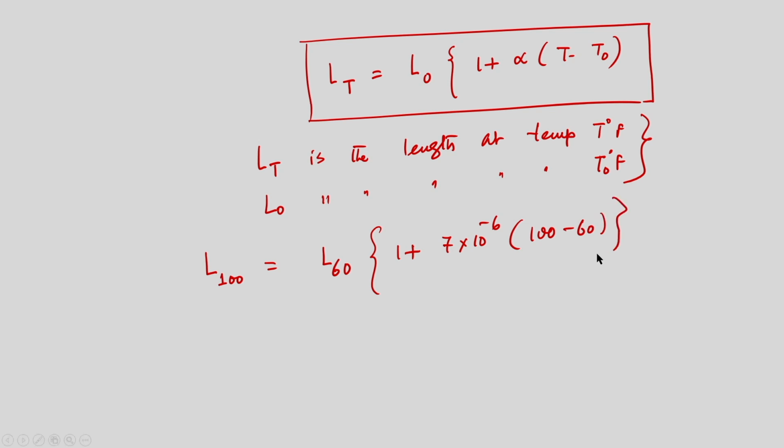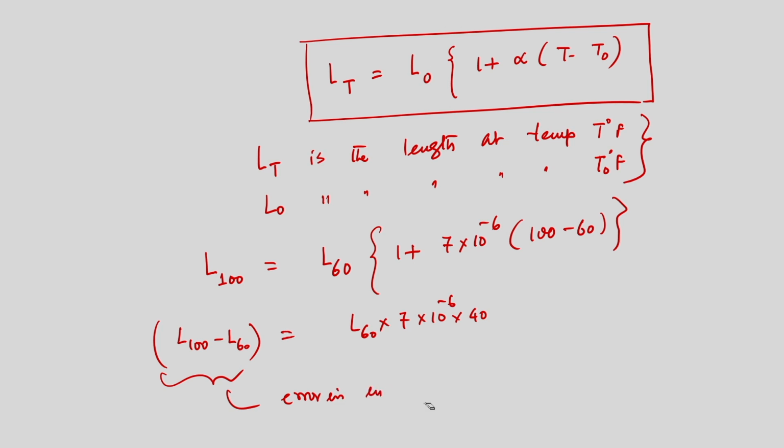This is very simple, very straightforward class 8 level algebra. Now, we can calculate L 100 minus L 60, that is L 60 into 7 into 10 power minus 6 into 40. So, this is the error in indicated length.